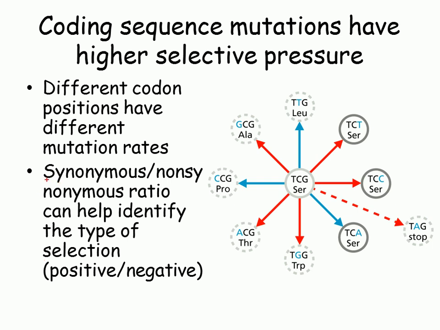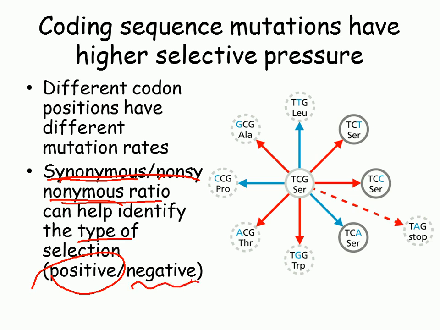Okay. So the definition: synonymous is a mutation that does not change the amino acid, and non-synonymous is a mutation that does change the amino acid being encoded. The synonymous versus non-synonymous ratio can help us identify the type of selection. All right. A positive selection is where a mutation has caused the protein to function better. Okay.